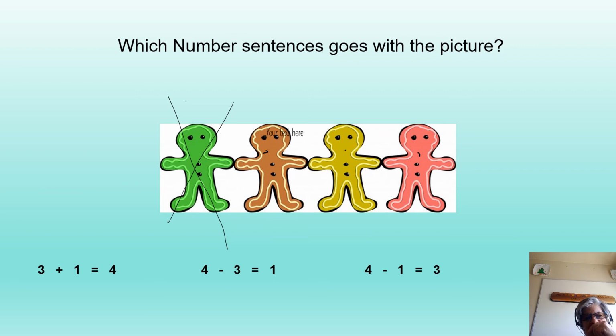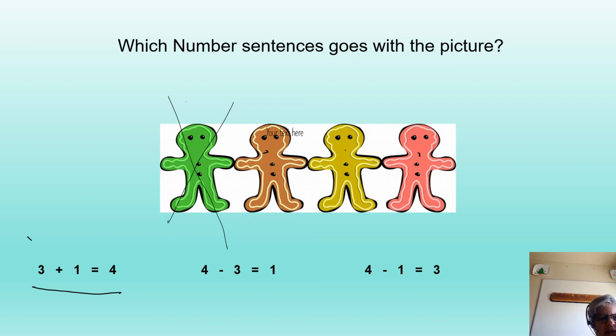Okay. First of all, I also see an X on one gingerbread man. So would that be a take away problem or an addition problem? Would it be subtraction or addition? Let's look at the first one. Could it be that? That says 3 plus 1 equals 4. But you know what? That's an addition problem. I think it's a subtraction problem because we had 4 gingerbread men and I crossed out 1.